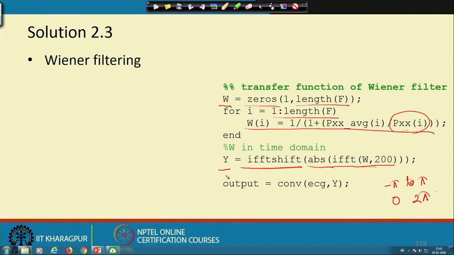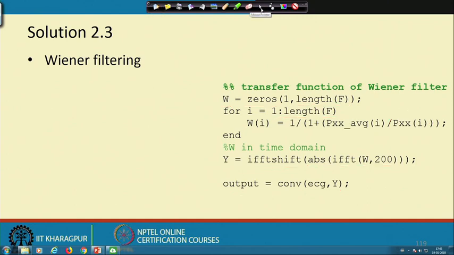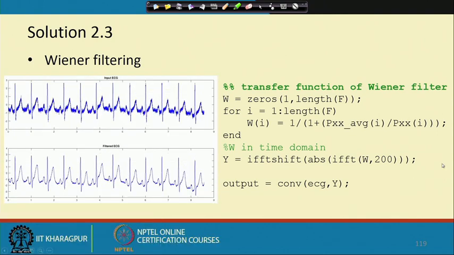Now, once we have the Wiener filter, we convolve its impulse response with the input ECG signal, and we get the output here. Now, let us see how the output looks. Here we get an output that looks very similar to the input ECG signal.